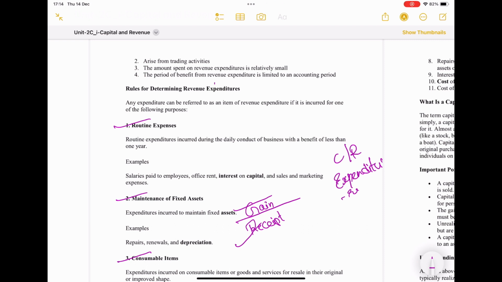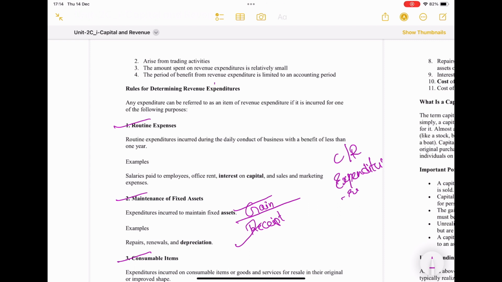If you understood the capital expenditure concept, it is very easy for you to know capital receipt, because it is the opposite of capital expenditure.